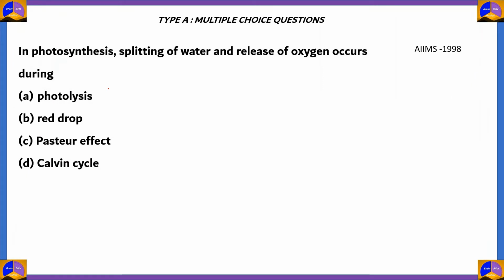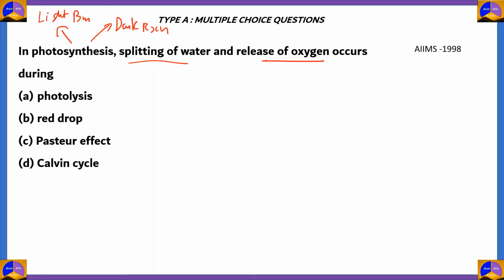In photosynthesis, splitting of water and release of oxygen occurs during photolysis, red drop, Pasteur effect, Calvin cycle. So photosynthesis itself has two reactions, generally, the light reaction and the dark reaction.